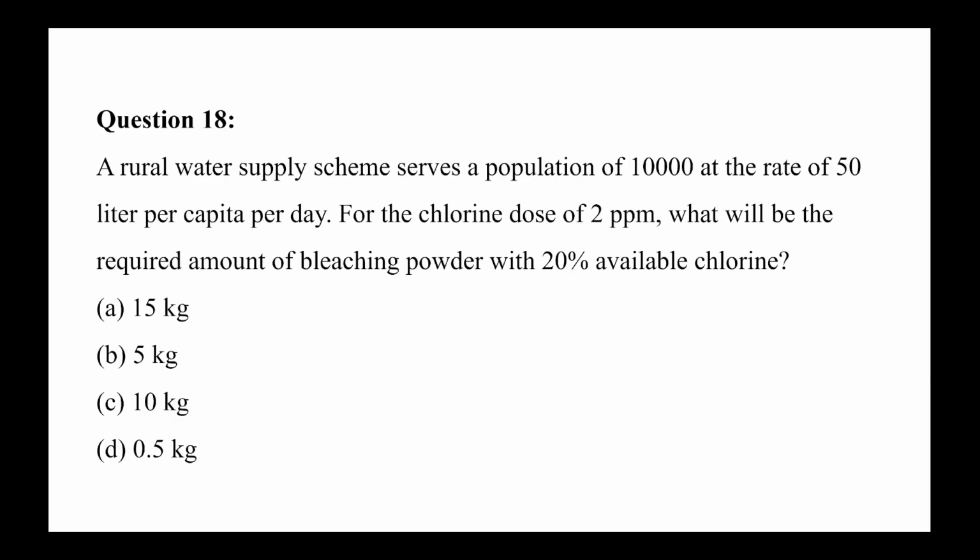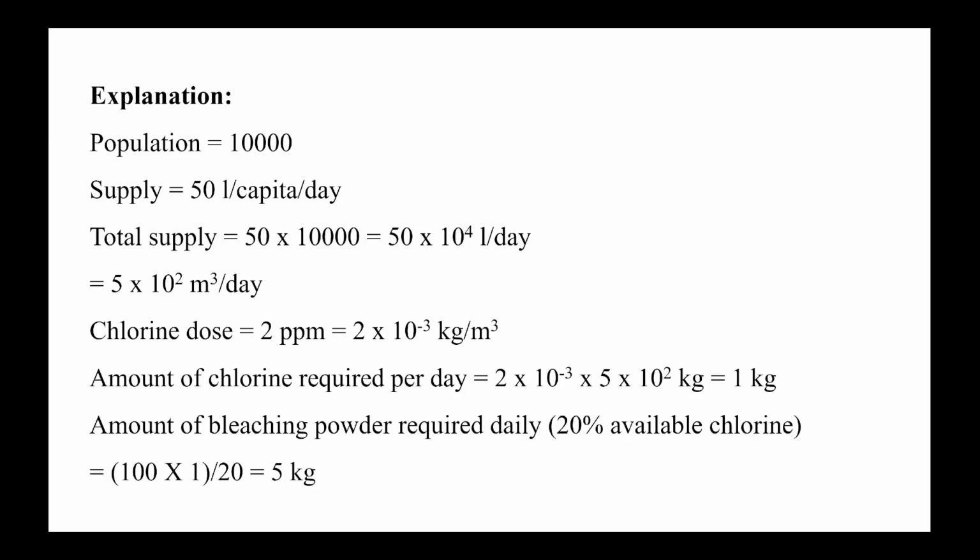So, how will we solve this? The population number is given as 10,000, okay? And the water supply rate is given as 50 liters per capita per day. So, first we'll calculate the water supply for the whole population. Since it is given per capita, if we multiply it with the population number, we will get the total supply for the whole population.